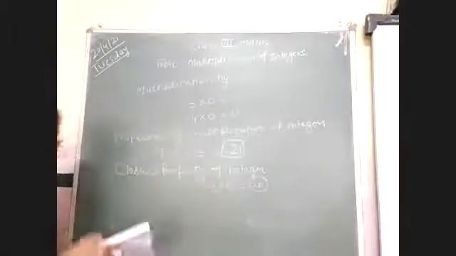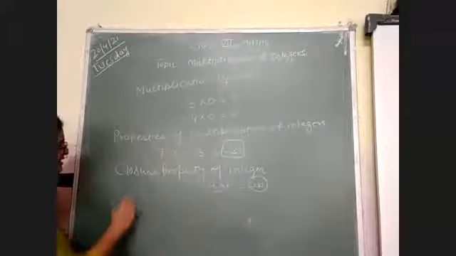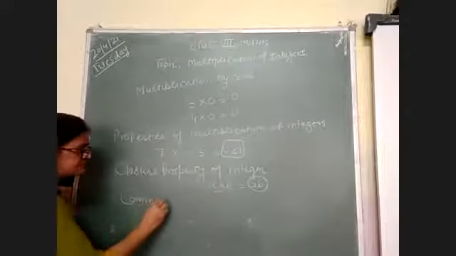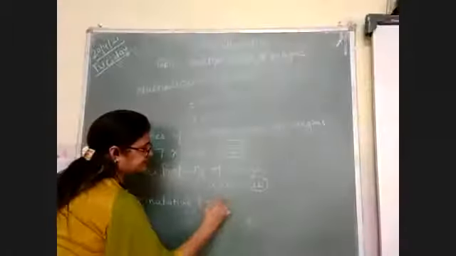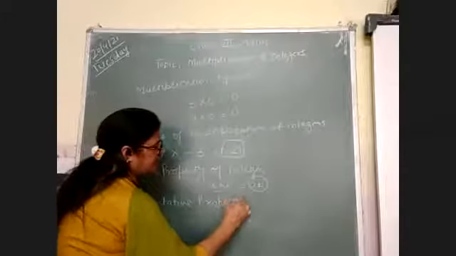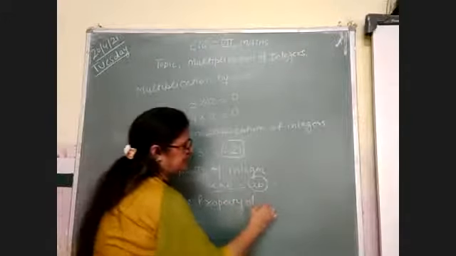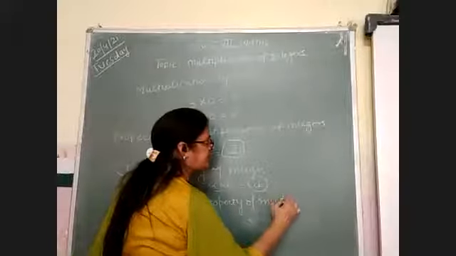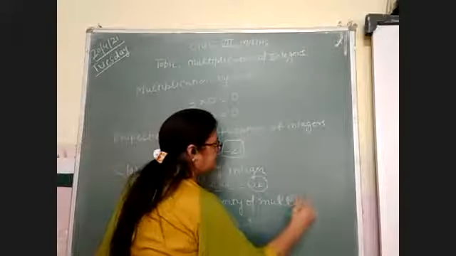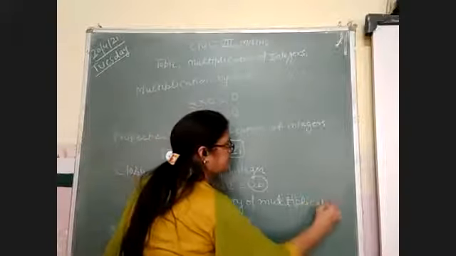The next property is the commutative property of multiplication. You can take another example also, and write down all the properties in your notebook.